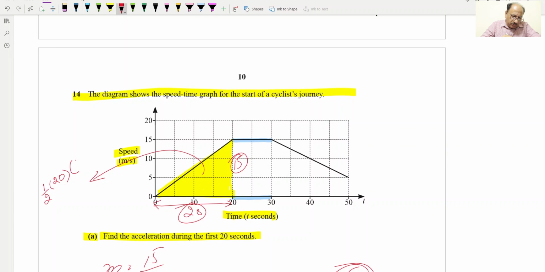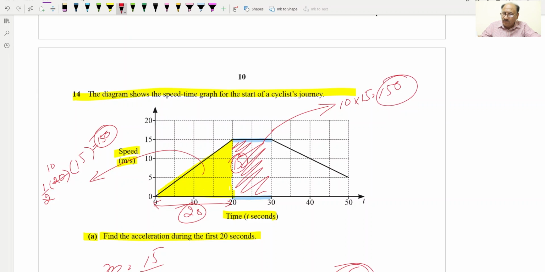So half of 20 into 15, which is equal to 150. So one area we got is 150. Now the area of this rectangular portion: base is 10 and height is 15. So 10 into 15, which is also equal to 150.